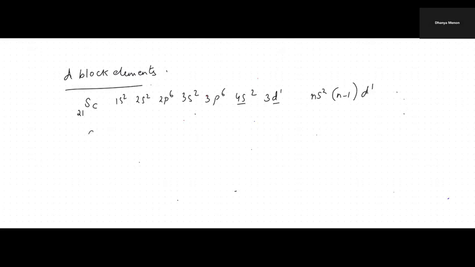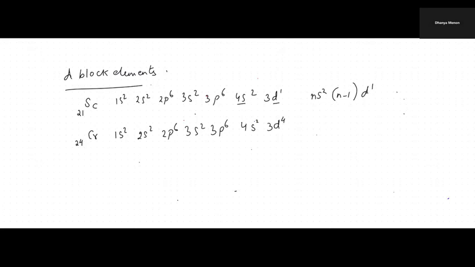chromium. Chromium is a special case, as we discussed when we were doing the configuration. So here: 1s2, 2s2, 2p6, 3s2, 3p6, 4s2, 3d4.